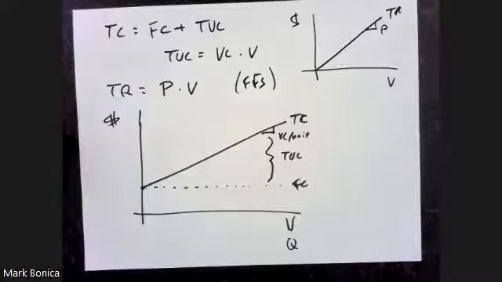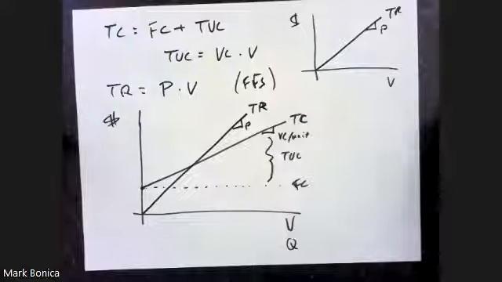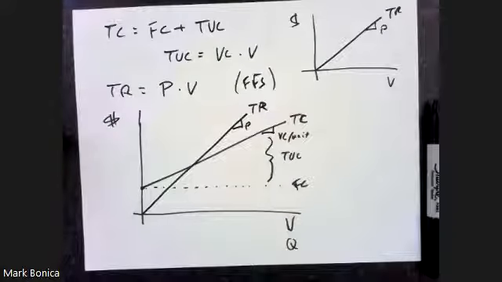Then we said, all right, if we bring these two things together, we now have our revenues and our costs graphed together. And we now need our profit function. I'm going to use the Greek letter pi to represent profit.